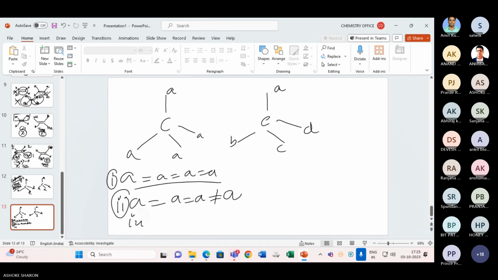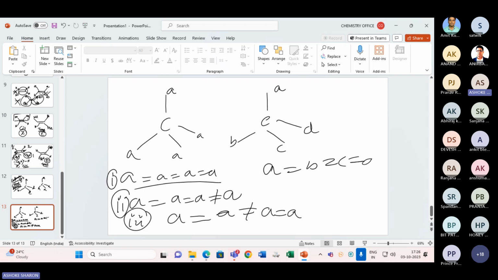Number three, if two substituents are the same and the other two substituents are not the same, then that molecule is also not chiral. Chirality means the criterion is that all the substituents should be different. Only in that particular case can you generate chirality inside the molecule. This is the basic criterion, and it will also give you the optical isomer. I will explain later.